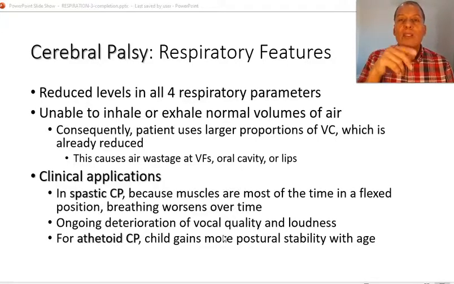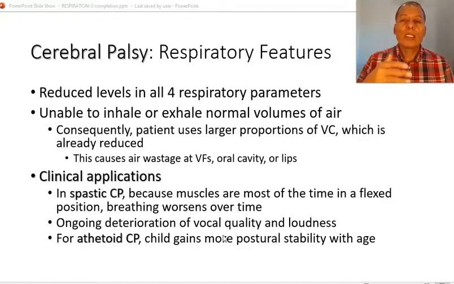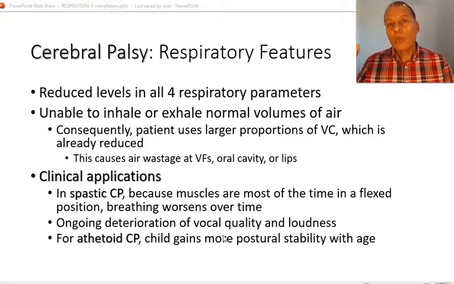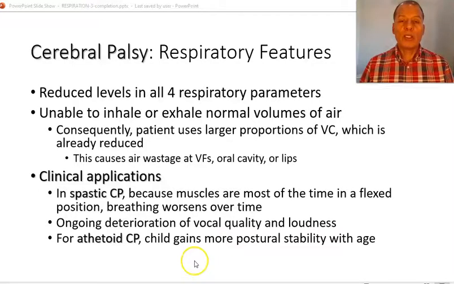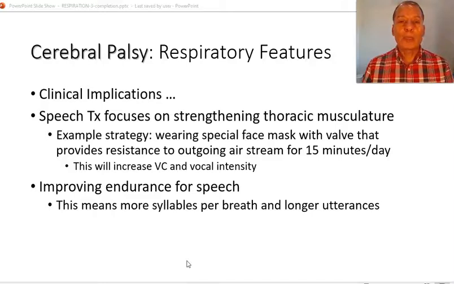But as they continue talking 5 minutes more, 10 minutes more, 20 minutes more, speech quality and loudness deteriorate as time goes by during a conversation. For the athetoid kind, the child gains more postural stability with age, so that type shows more potential for bigger improvements.